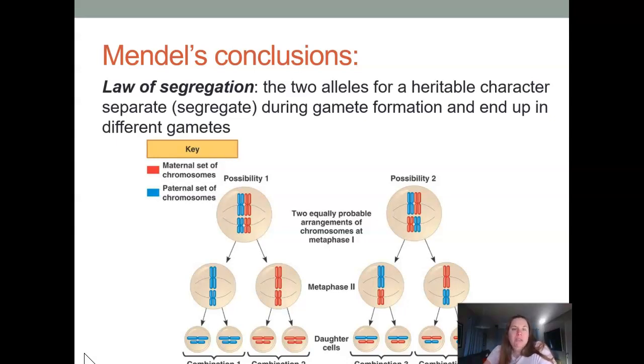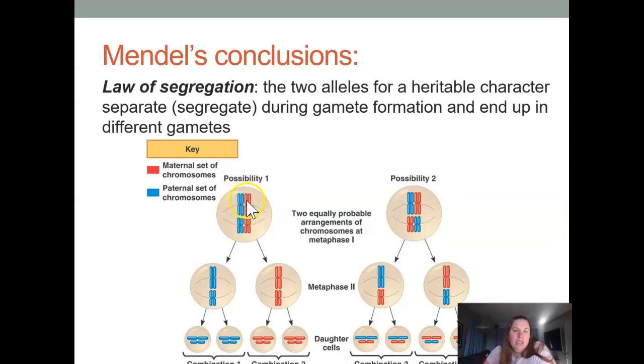If we think about what this means, and we've already gone through this in meiosis, we have a cell that is undergoing meiosis. We have our duplicated homologous chromosomes, one from dad, our blue sister chromatids here, and our red sister chromatids from mom here.